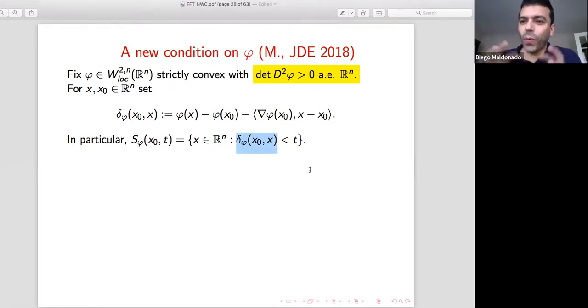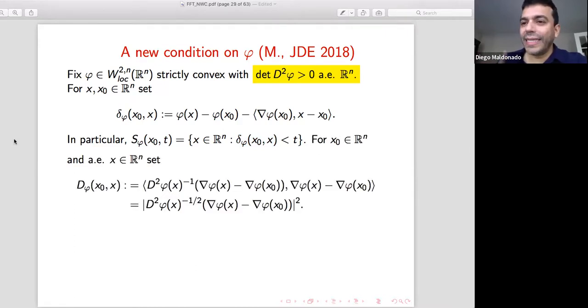So you see, by doing this simple thing, we can start thinking of this delta as a kind of distance. And so we're saying that these sections are actually balls with respect to this distance. It's not going to be a distance, but it's going to be close enough. All right, so that's a delta.